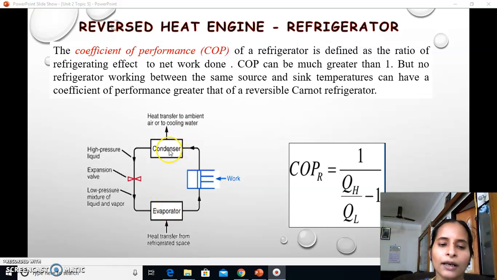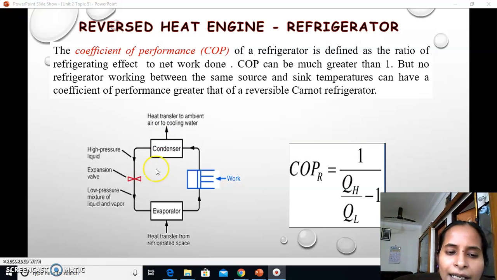I told you already that each and every cycle consists of heating, cooling, compression and expansion processes, and here also it is following the same, nothing new, but the total direction is completely reversed and opposite to the normal heat engine.